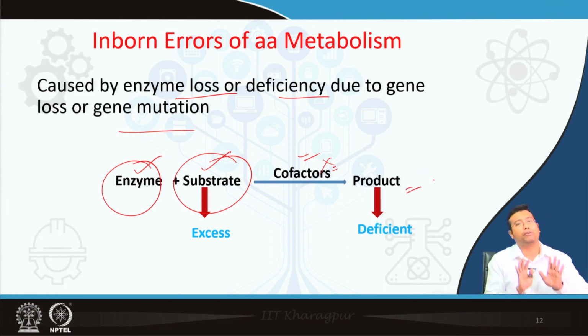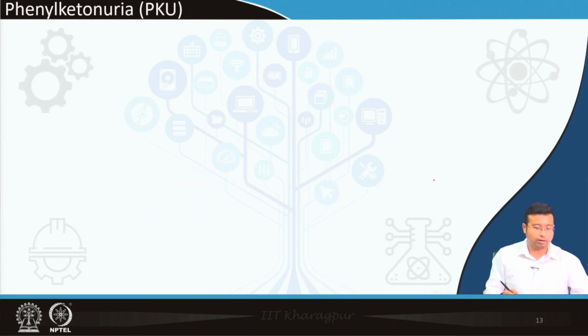This is the phenomenon of every enzyme deficiency, all right, and we have already read a few regarding ammonia metabolism, right. So for enzyme deficiency of the urea cycle, the same concept holds there also. With any enzyme defect, the substrate accumulates and the product is deficient, right.